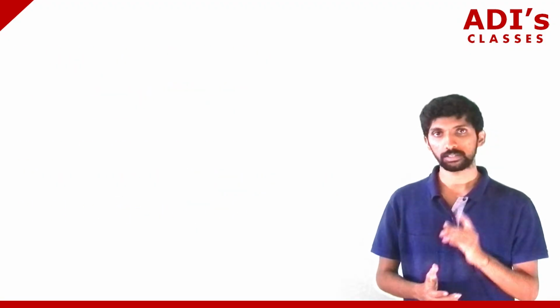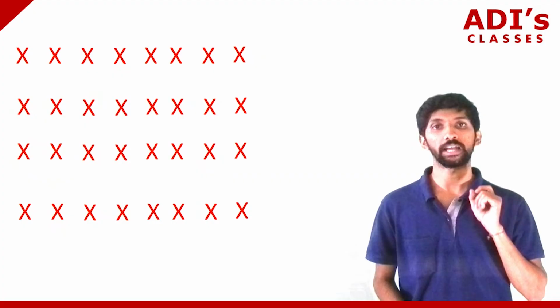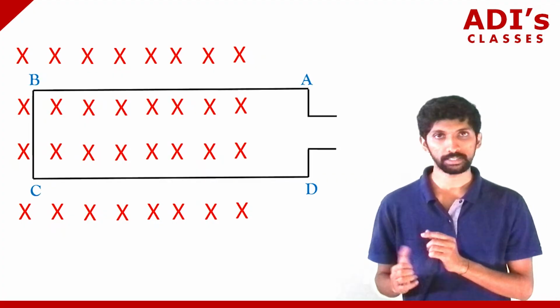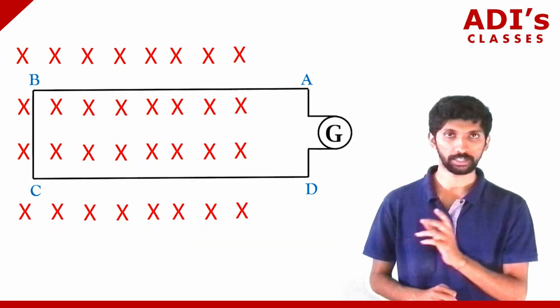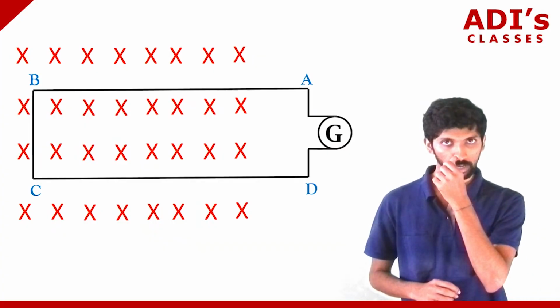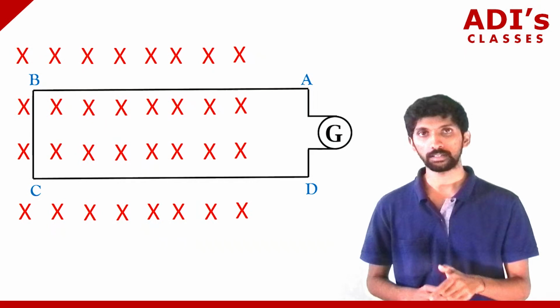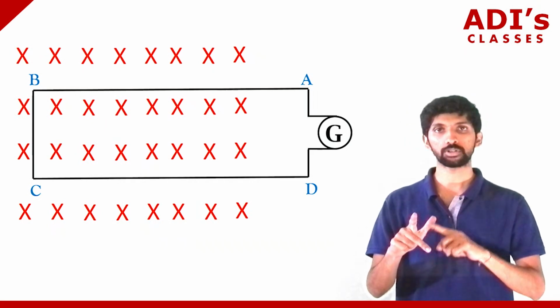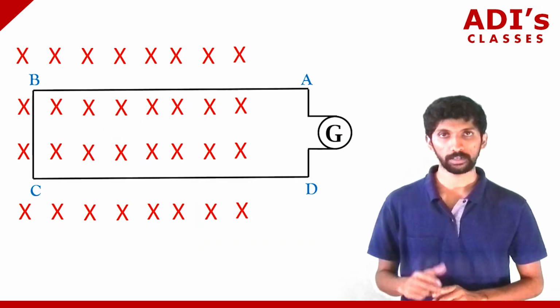So initially we have an into-the-plane magnetic field, and we have a coil, call it ABCD, connected to the galvanometer G. If you use Fleming's left hand rule, you have force, field and current, right?